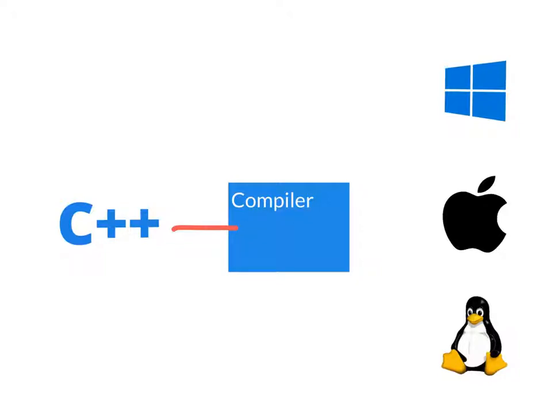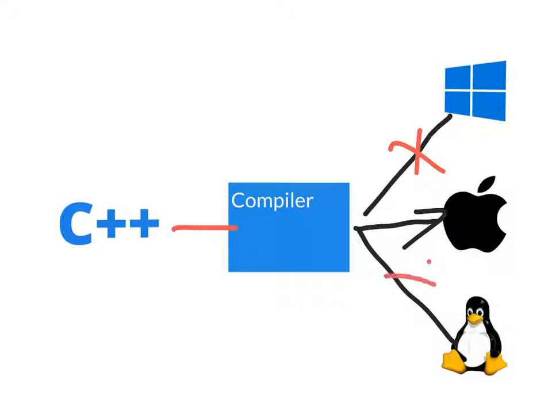So, a compiled program is compiled to work on a Windows computer. On a Mac rather. Would it work on these ones? No. So please forgive my handwriting, but this is how it works. Compilers make code specifically for one type of computer.